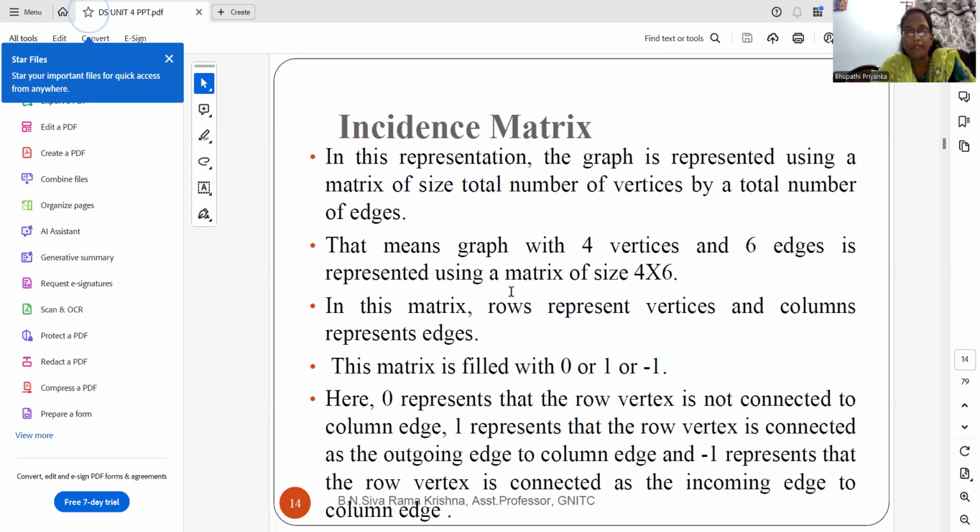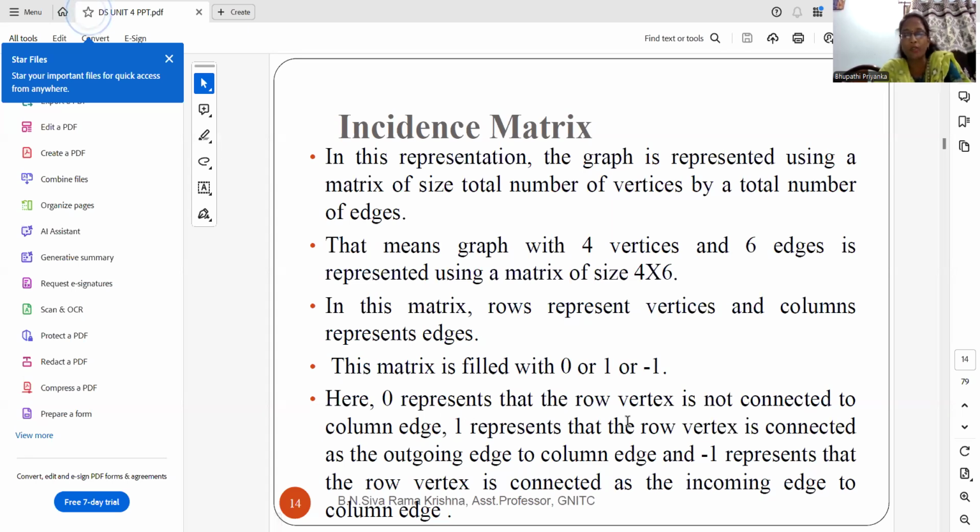If we have 4 vertices and 6 edges, the graph is represented by a matrix of size 4 by 6. Here we represent the rows with vertices and columns with edges. The matrix is filled with 0, 1 or -1. Previously, we filled it with only 0 and 1, but for the incidence matrix, we'll fill it with -1 as well.